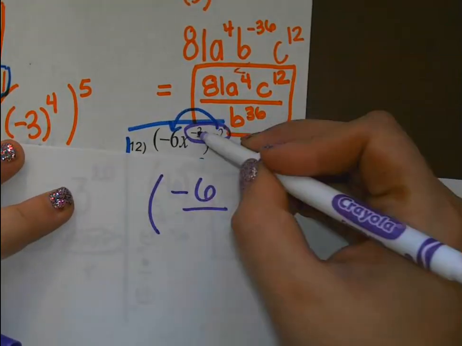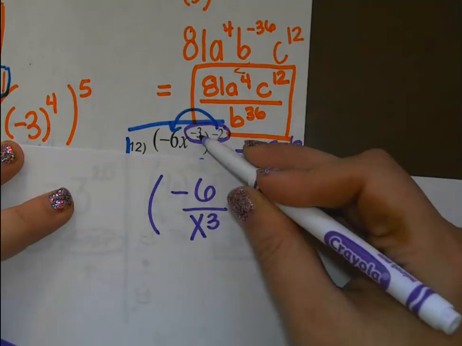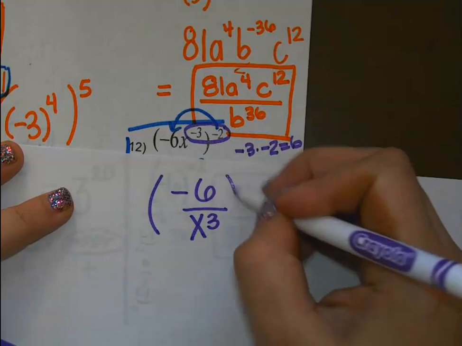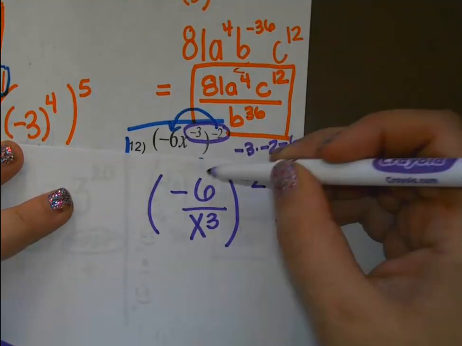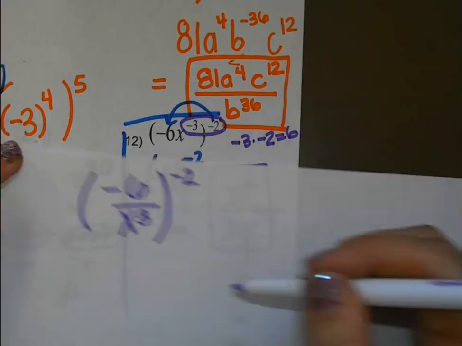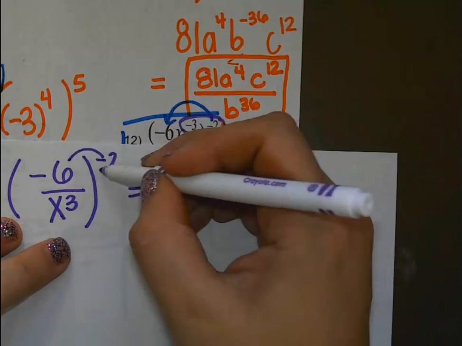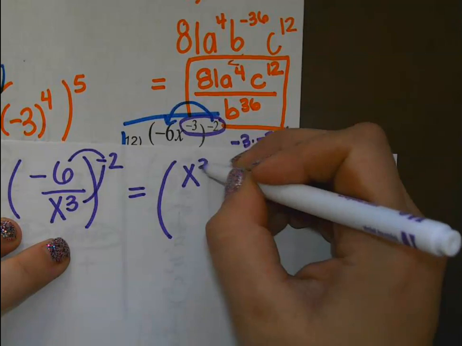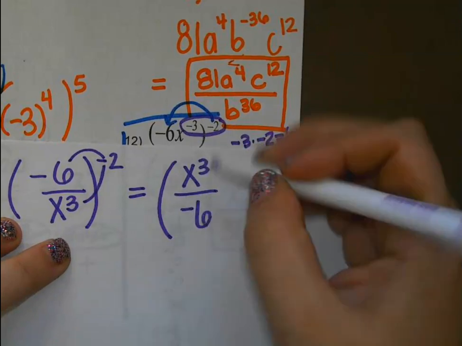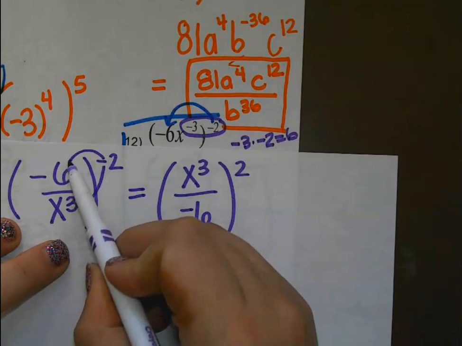So just to reiterate here, we could have done this instead. We could have, this has a negative, it could have moved to the denominator. And remember, when it moves, the negative's gone. Now we could distribute the exponent now, or we could, if this negative gets distributed and this negative gets distributed, it's going to end up flipping the fraction around because a negative exponent changes location.